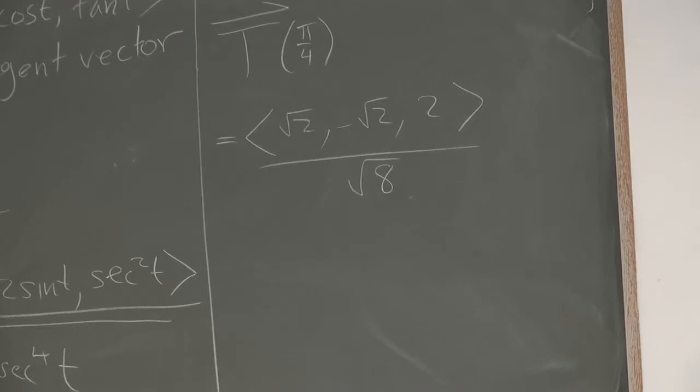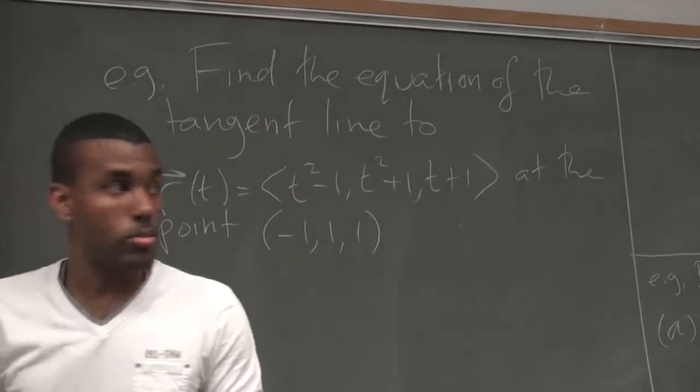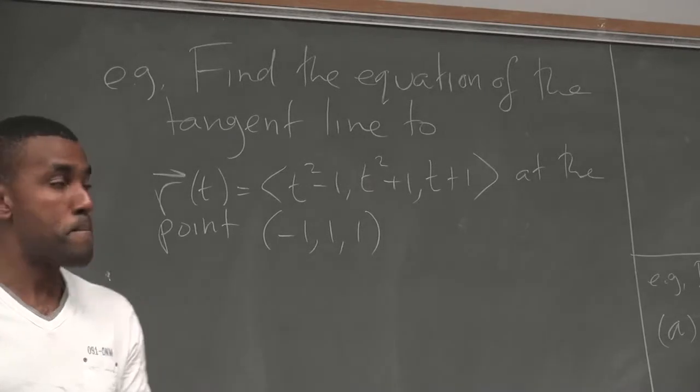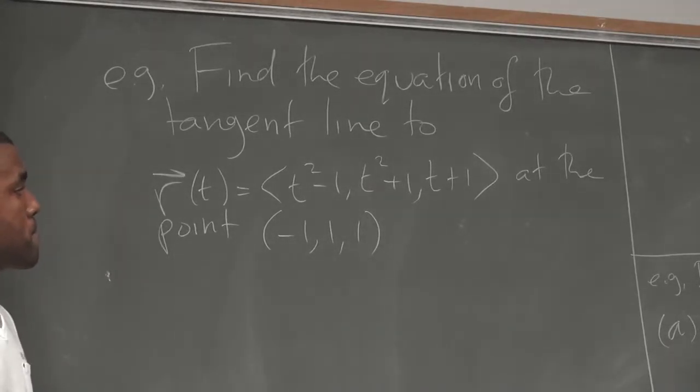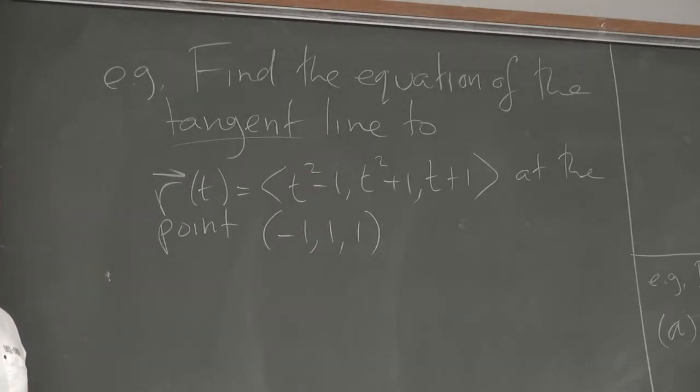Find the tangent line. What do we need to find the equation of a line? A point and a vector. You have the point, how do you find the vector? It's a tangent line, which means the direction is given by the derivative.